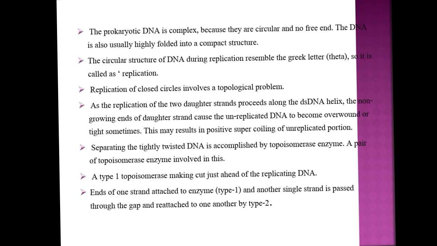This may result in positive supercoiling of the unreplicated portion. Separating the tightly twisted DNA is accomplished by topoisomerase enzymes. These enzymes make breaks just ahead of the replication of DNA.